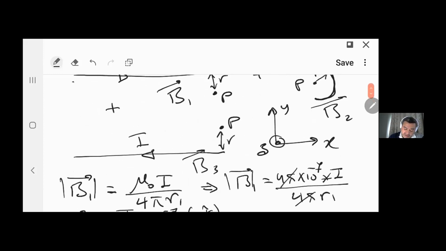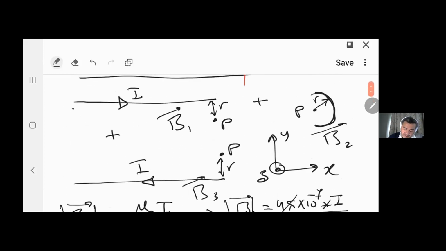Now let's look at B2. B2 is a semicircular loop. In this case, if you take your fingers as the direction of the current, then the magnetic field is going into the page, into the screen as well.